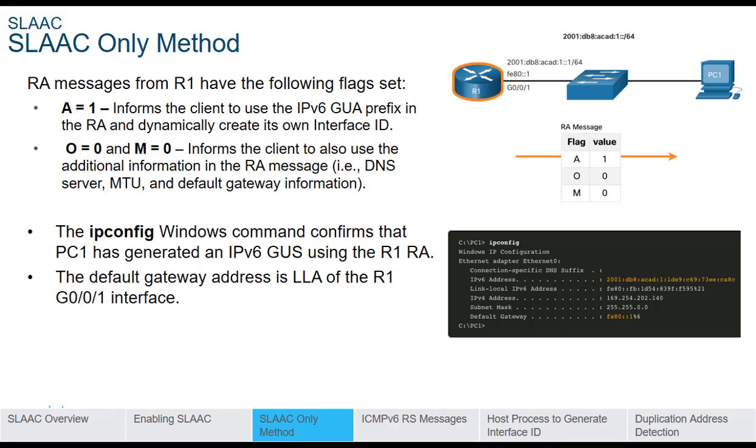And we know that it will send RA messages every 200 seconds to the FF02 multicast address, to all the hosts within that segment.